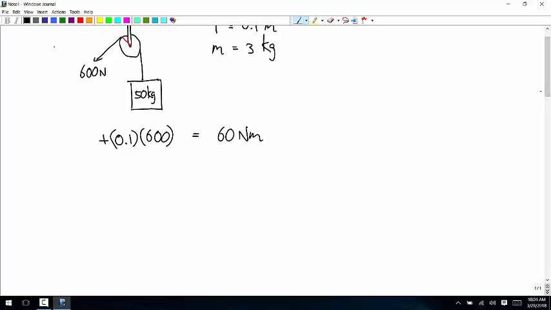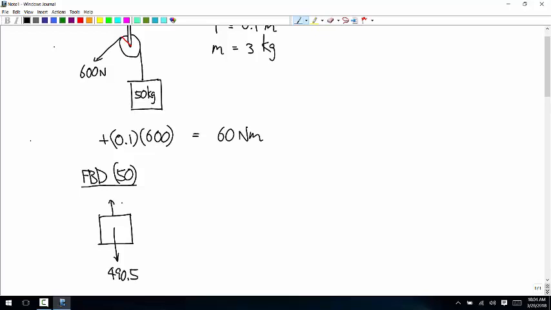Okay, so free body diagram of the mass, the 50 kilogram mass. We have the weight down of 490.5.